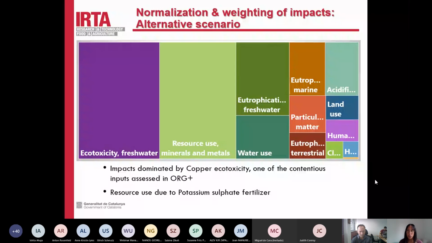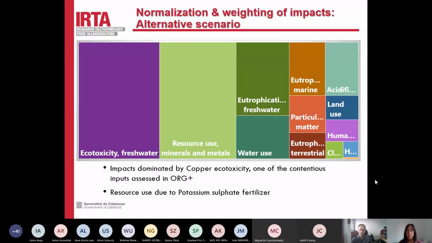To show you different types of results, here we have results for the alternative scenario, with bioplastic and compost. We again normalize them into per EU capita and weigh the categories by importance to get a final performance score. This graph shows how much each category contributes to that score, and thus how important and relevant that category is for the system.